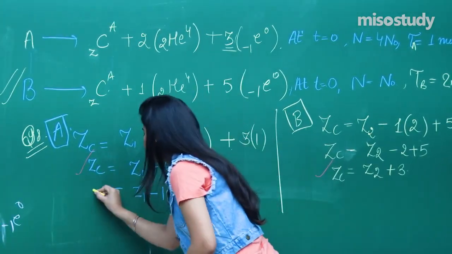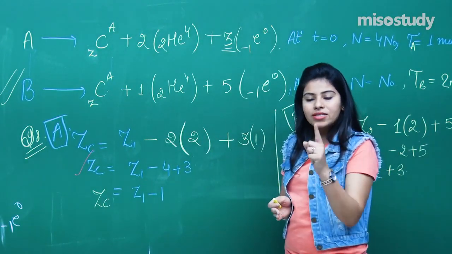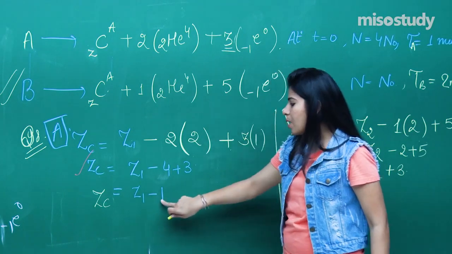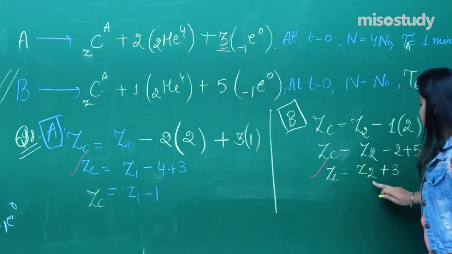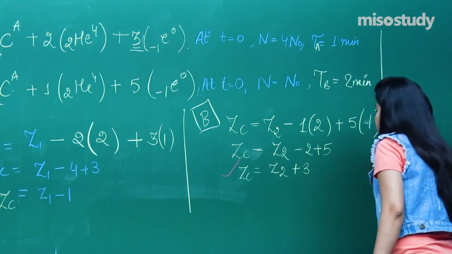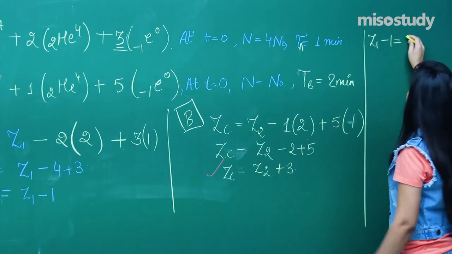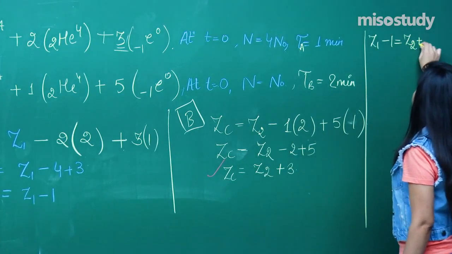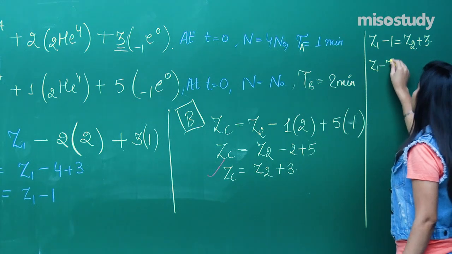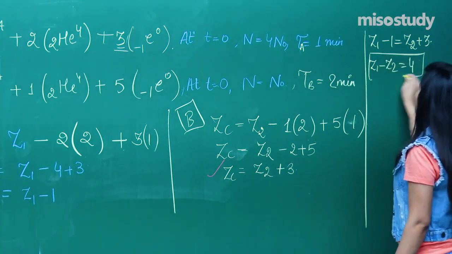Because these both are the same stable nuclei, we can compare them both. That means Z1 minus 1 equals Z2 plus 3. Now you can see here Z1 minus Z2 comes out to be 3 plus 1, and that is 4.